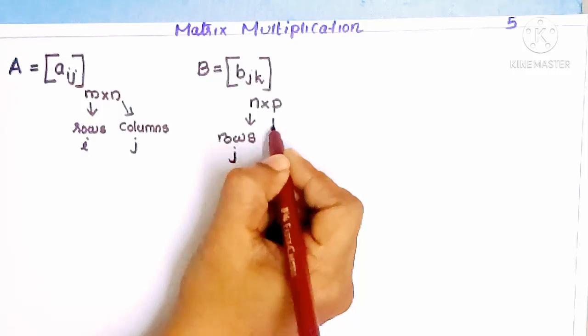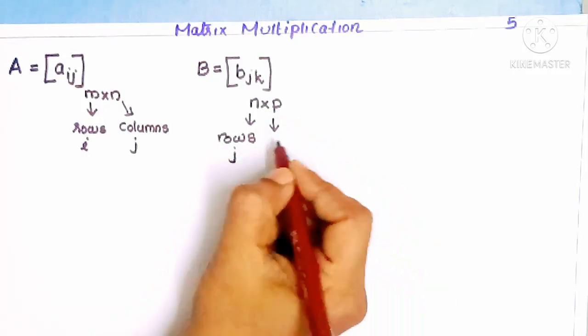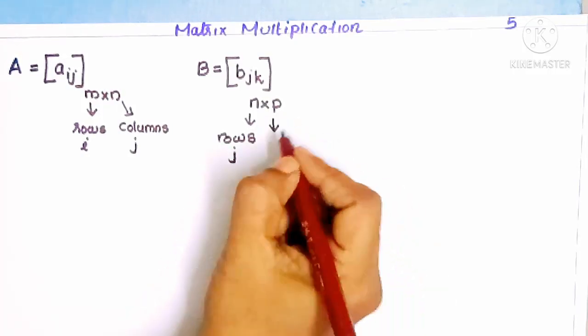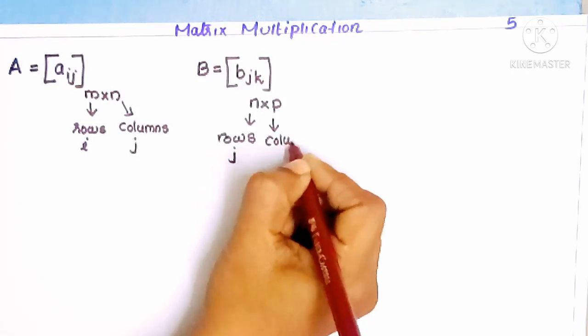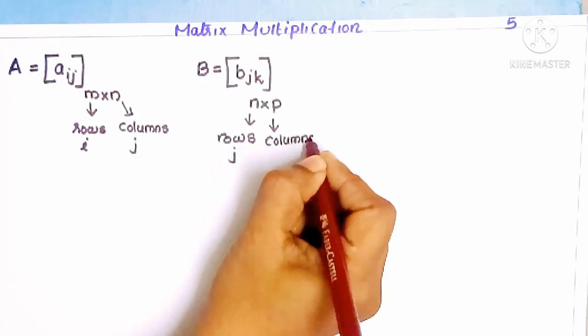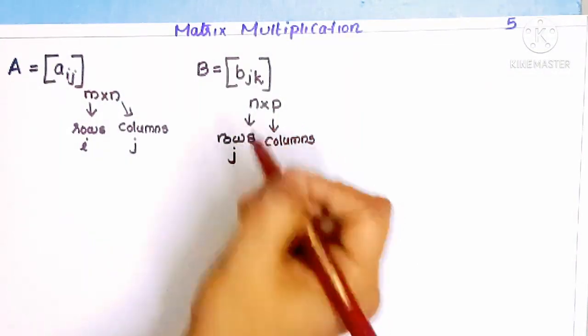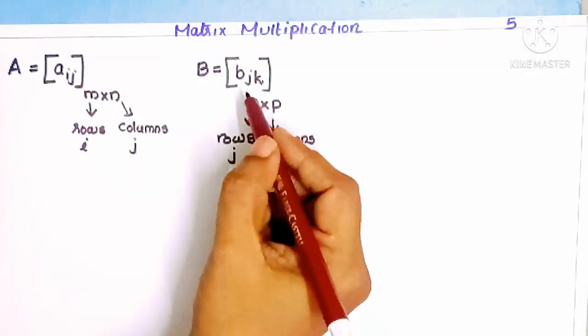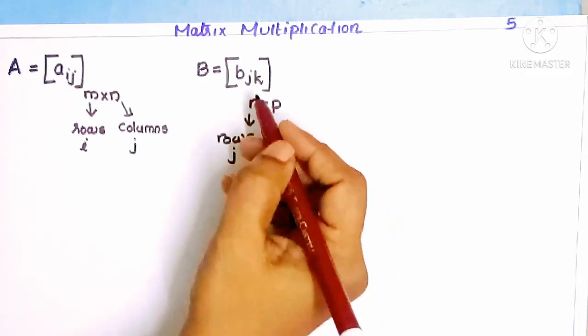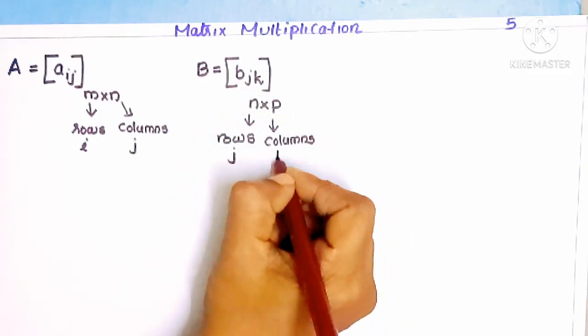P indicates the number of columns. So B has P columns and N rows. To indicate the column position, I am using the small letter k.